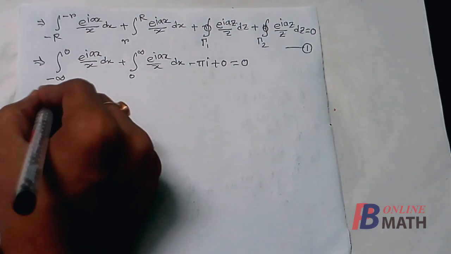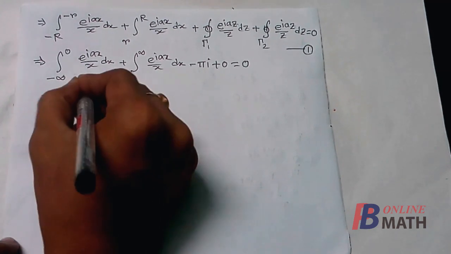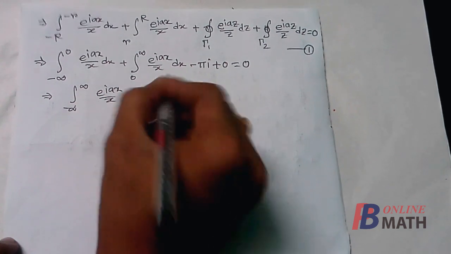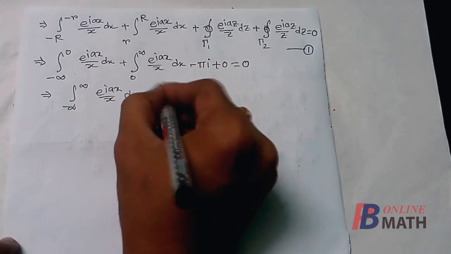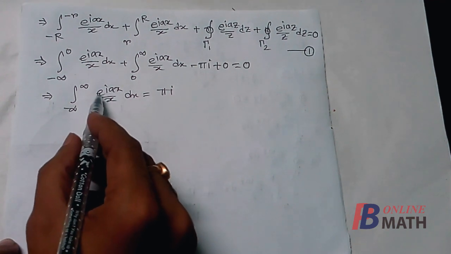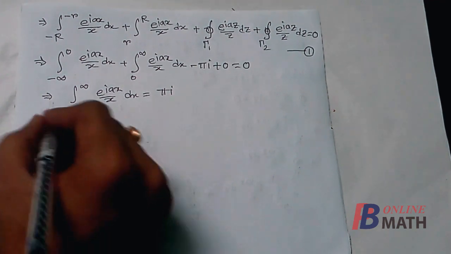Now combining these two, we can write the integral from minus infinity to plus infinity of e to the power i a x by x dx equal to, taking this one on the right hand side, pi i. Now we can expand it: e to the power i a x is cos of ax plus i sin of ax.